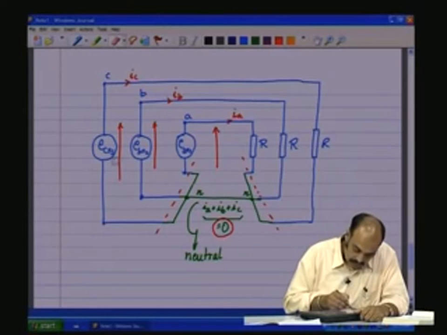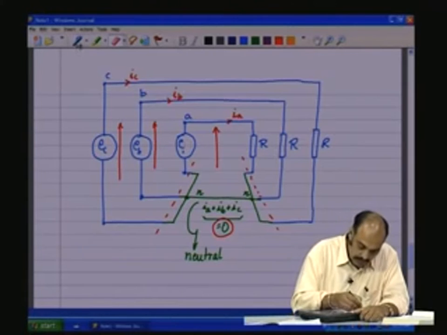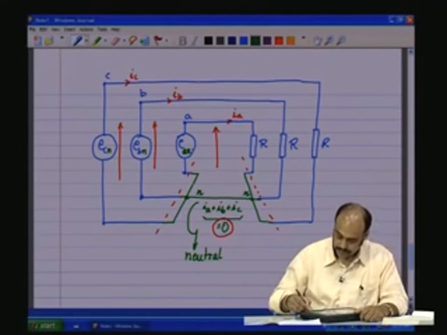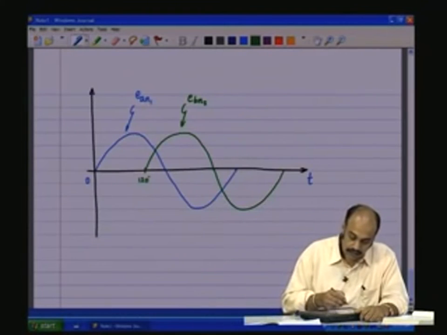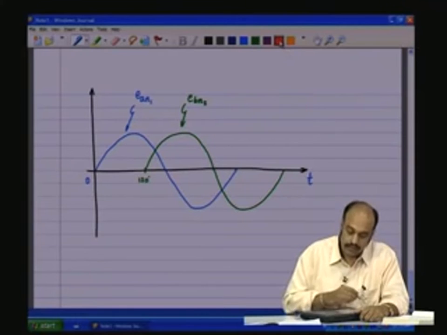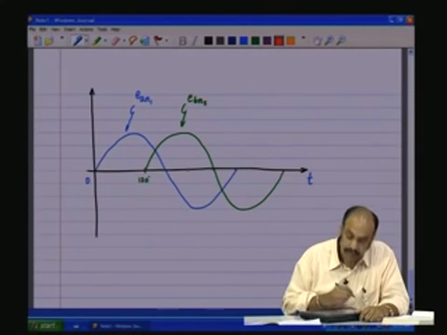and we can erase this and then say that these are C N, B N, A N. Then we have the third, the C waveform, which is at 240. This is around 270, and therefore 240 will be around somewhere here.